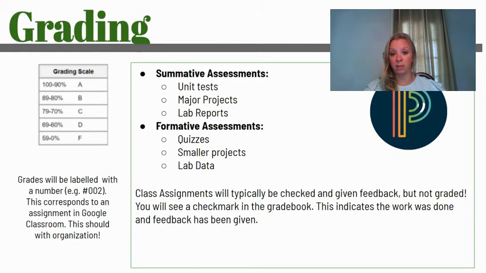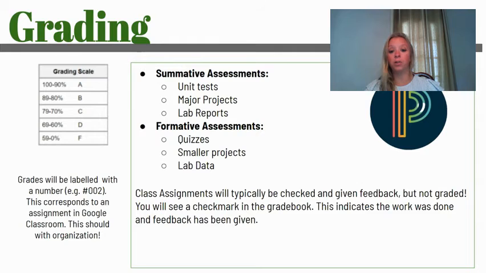The formative assessments are more of those check-in opportunities. So we might have worked on this for a day or two. Let's check in to see how much we've been able to process and understand. Those would be smaller quizzes, progress checks, smaller projects, or analyzing data that we collect in a lab.